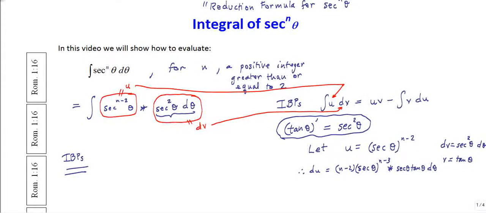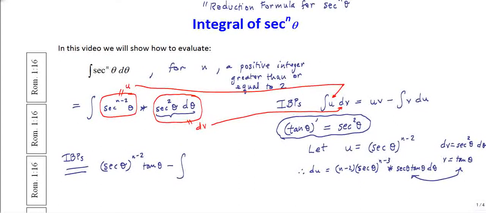And when I do the IBP, I find that this is equal to u times v, so it's going to be the product of these two terms. So u times v is secant theta to the n minus 2 times tangent of theta, minus the integral of v times du. So v times du is going to be the product of these two terms.